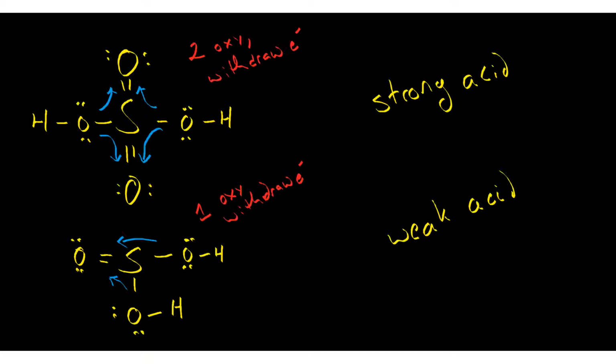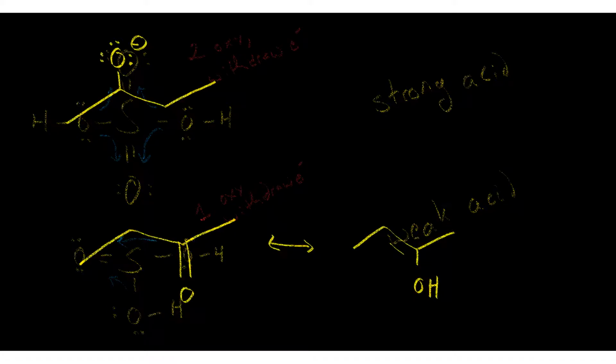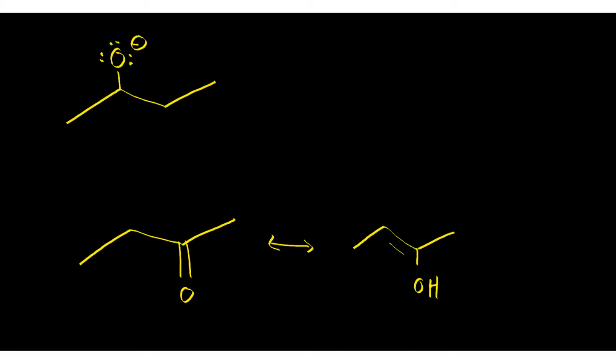And then we can come over here and look at these organic molecules. Okay, you have this oxygen anion up here on this butane that has a lot of electron density there. You're going to have a very basic character in that molecule. And down at the bottom you have what's known as tautomerization. It's a form of isomerization.